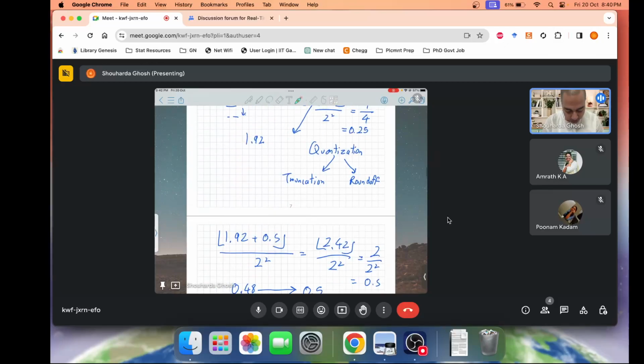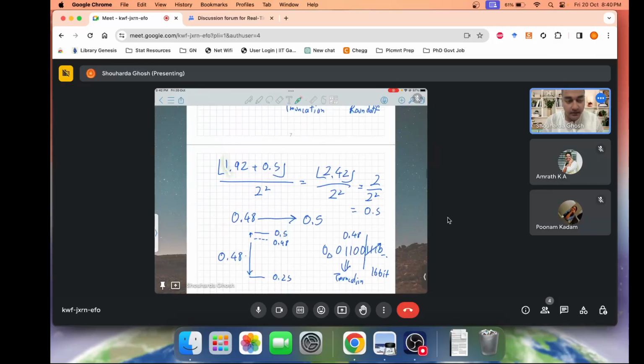In the case of round off, we add plus 0.5. What happens because of adding 0.5? Between, let's say, a and a plus 1, if the number is within this range and you don't add 0.5, it stays within this range. But if it's over here, it gets approximated to this number.